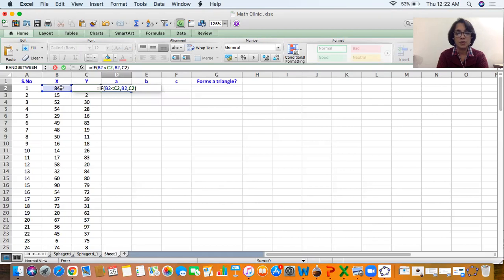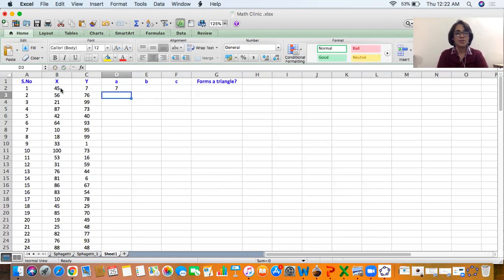So this should help us simulate the piece of length A. Now notice this. In the first simulation, X is 45 units and Y is 7. So the smaller value has gone to A.